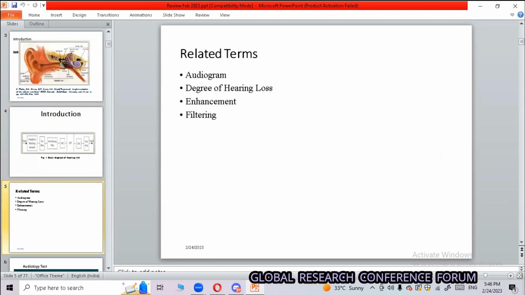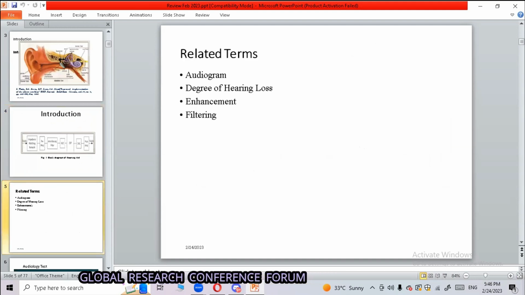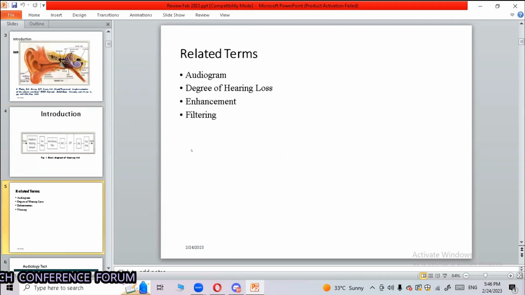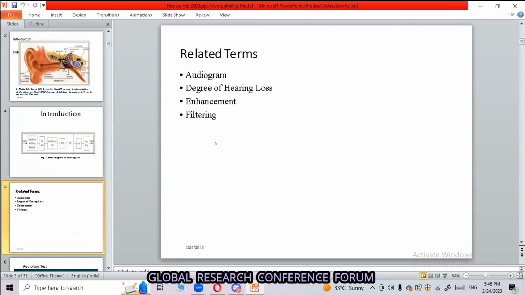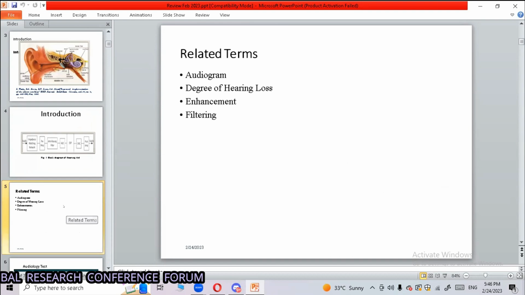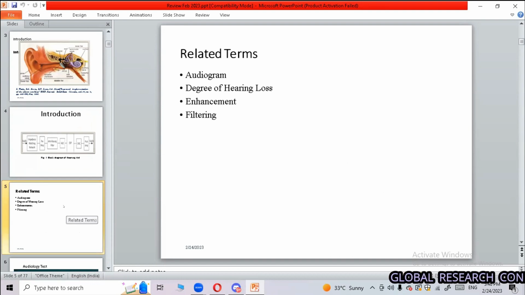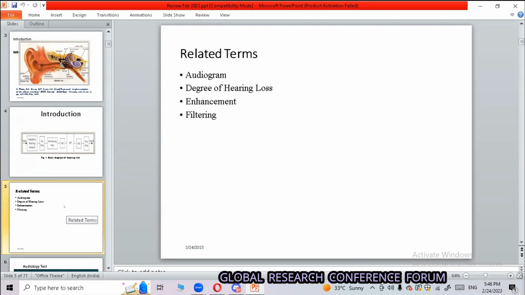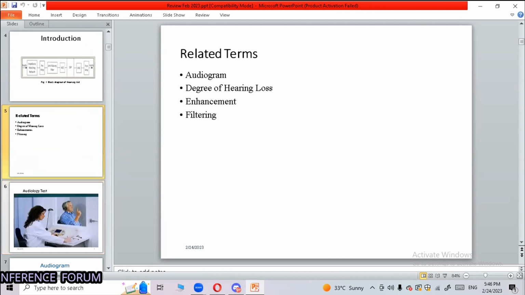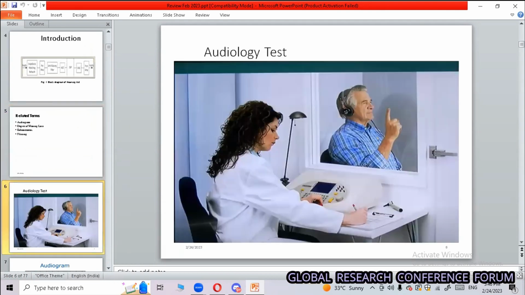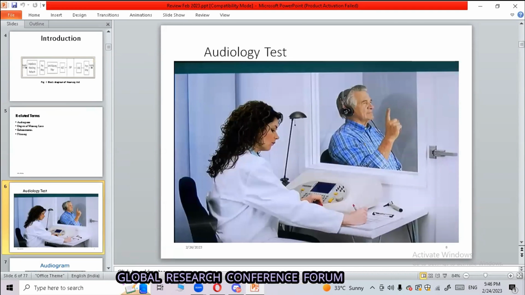Related with this, I have not presented the paper on the whole topic, but there is one parameter, audiogram, related with this topic. So this paper is related with that. Whenever we have to measure the hearing ability of any person, we plot the audiogram of that person, to see where there is a lack. That term audiogram is related with the hearing disability of that person.